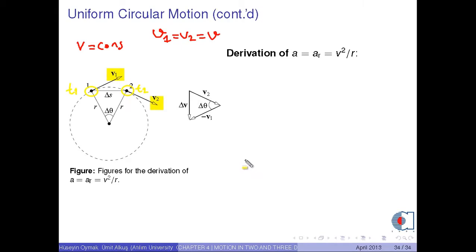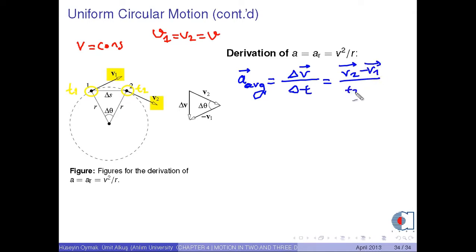The average acceleration of the object when it goes from position 1 to position 2 is vector a_avg = Δv / Δt = (v2 − v1) / (t2 − t1).